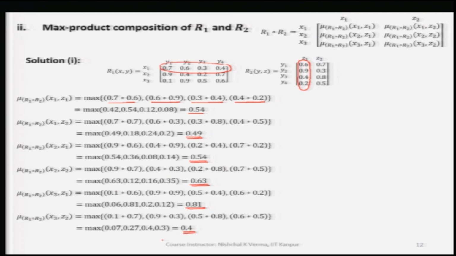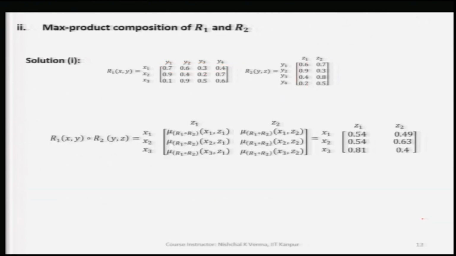So, now we have got all these membership values, and these are the membership values of the resulting fuzzy relation set, which results from the max product composition of R1 and R2.